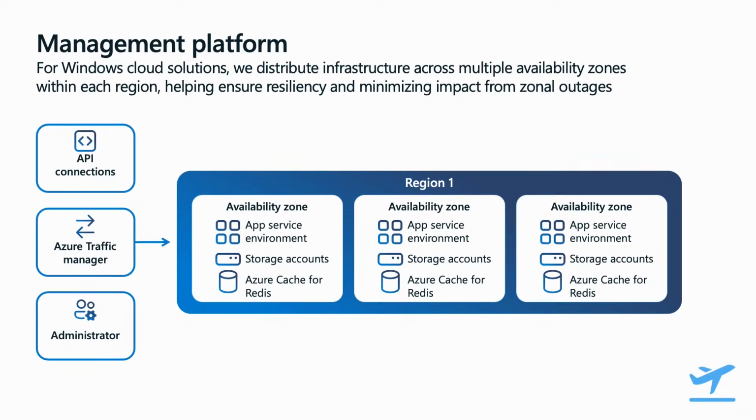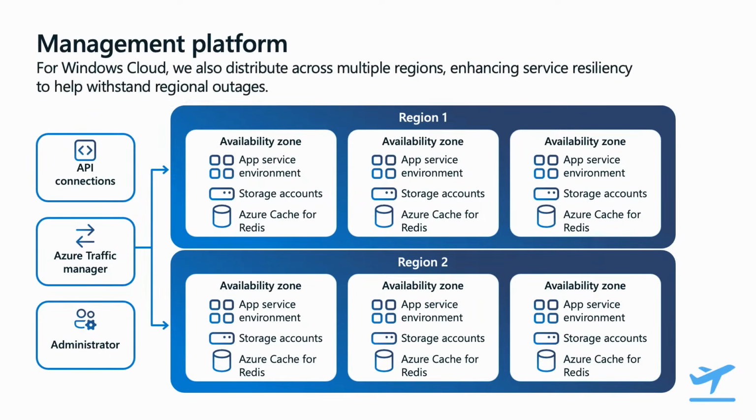And in a similar way to how we manage the connectivity platform, where we distribute our infrastructure to maximize resiliency, here we also distribute our service across multiple availability zones within a region, such that the service is resilient to zonal outages. But again, we also distribute this infrastructure across multiple regions, which further helps to enable the entire service to withstand a total regional outage.